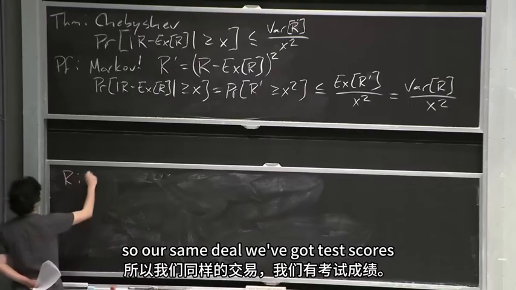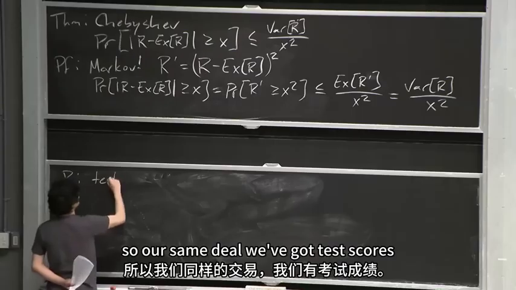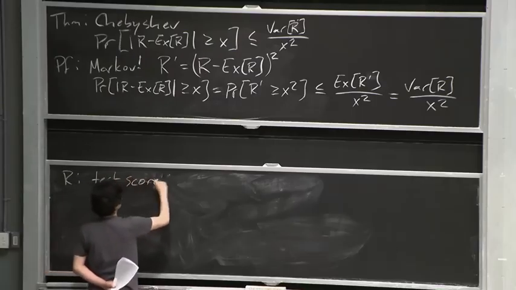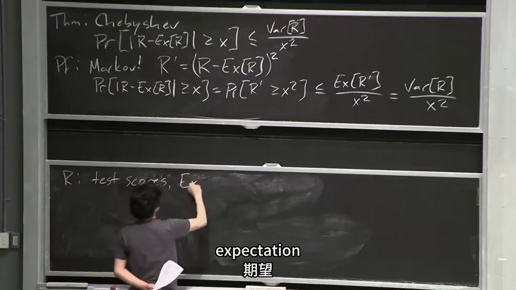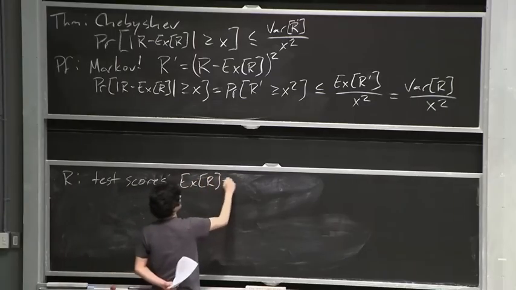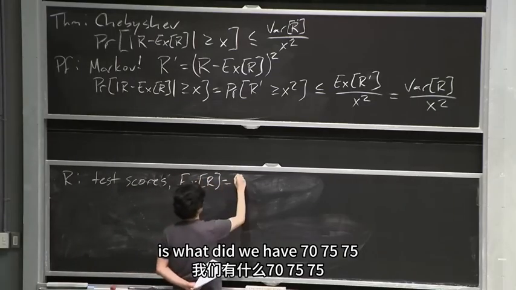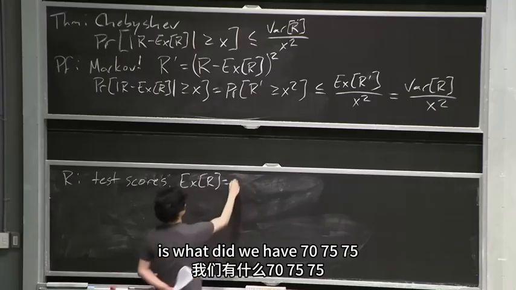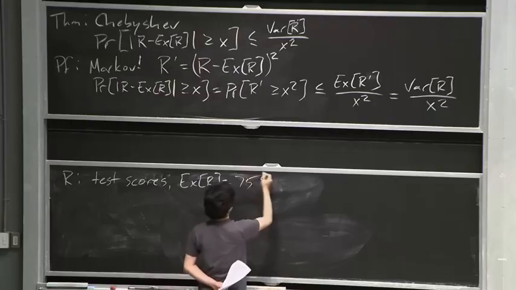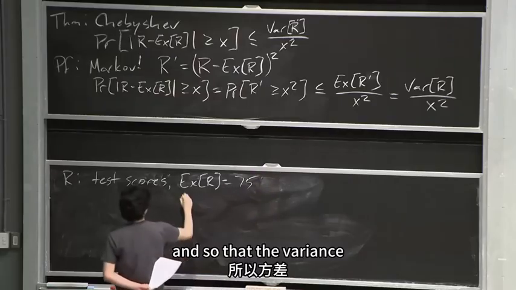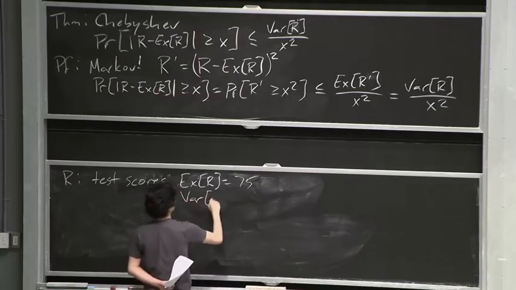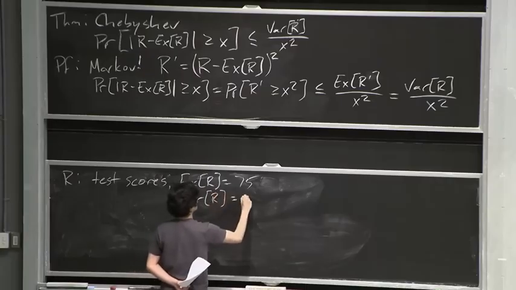So R, same deal, we've got test scores. Expectation is, what did we have, 70? 75? 75. And say that the variance is 25.